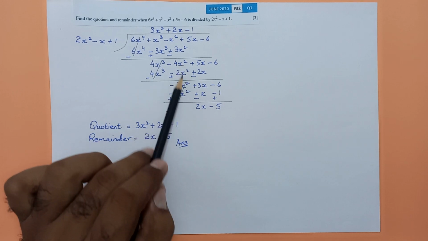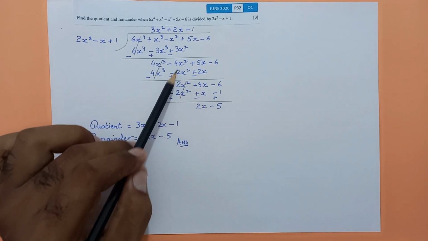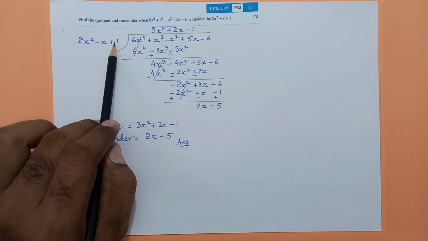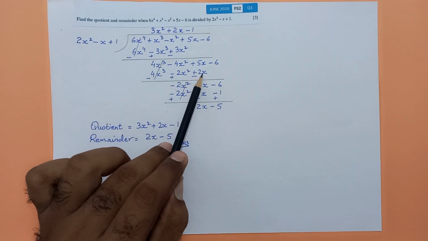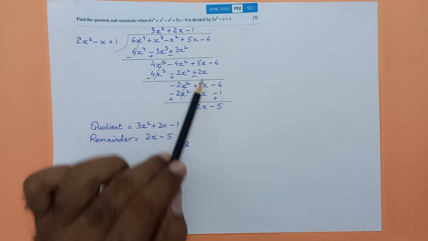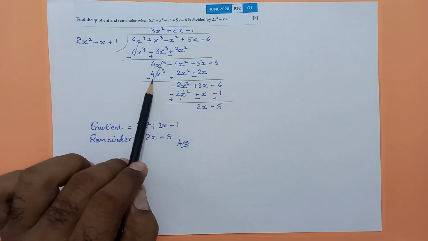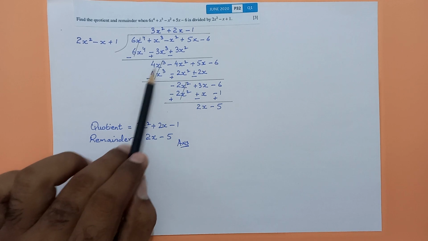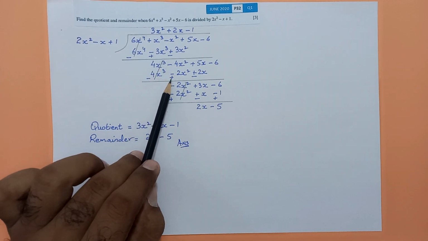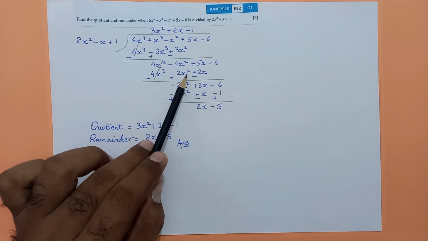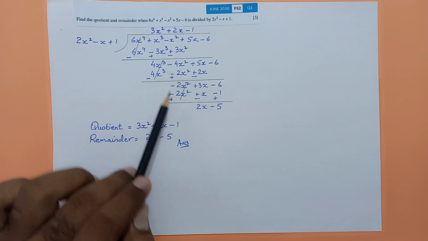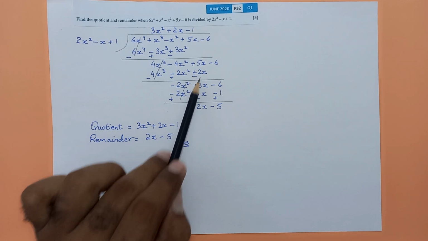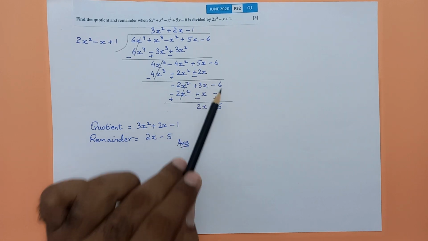Writing the like terms below the same one, and multiplying this 2x with positive 1 would be positive 2x, and writing positive 2x below 5x. Again using the same rule, which is changing the sign. So positive becomes negative and this is cancelled out. Negative becomes positive, positive becomes negative, both are x^2. So minus 4 plus 2 is minus 2x^2, plus 5 minus 2 is positive 3x, and minus 6.